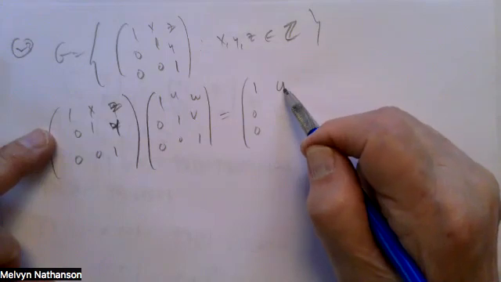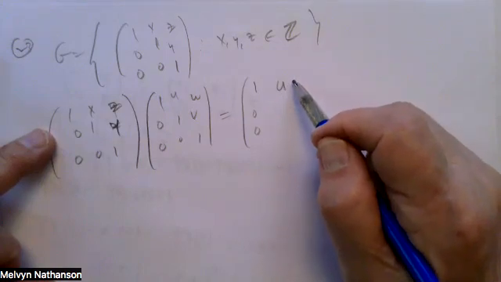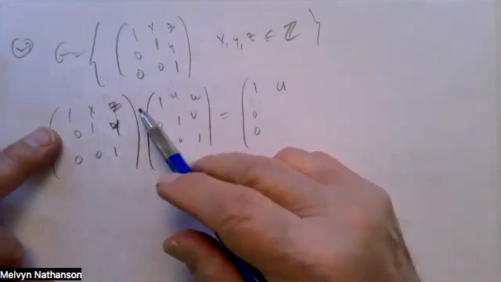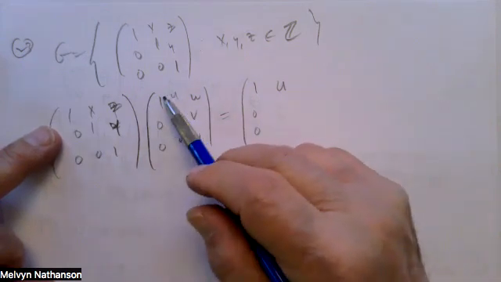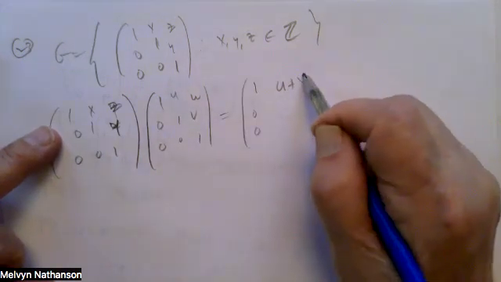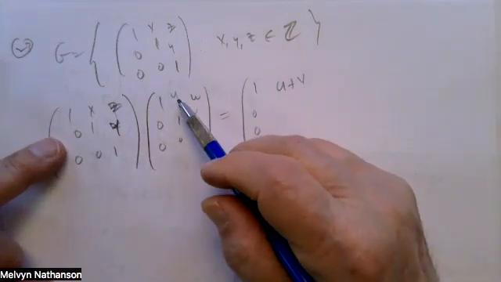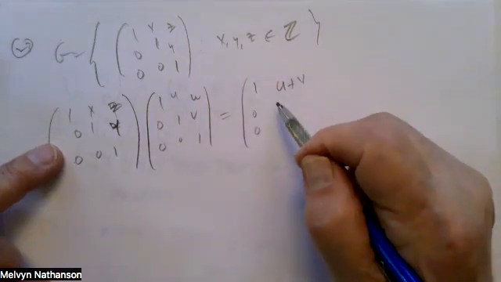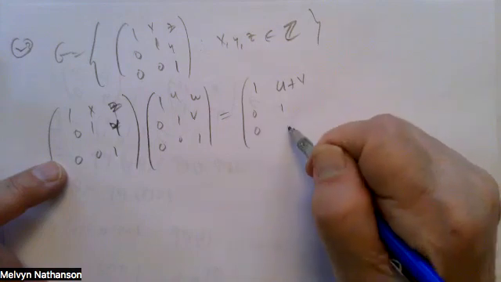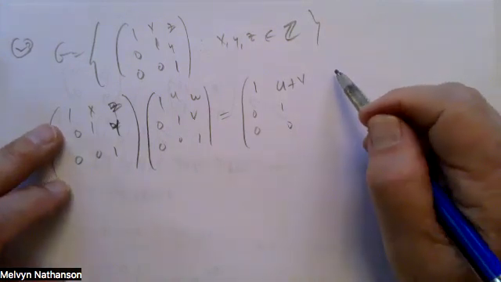It's u plus x, 1, 0. What's the third column?